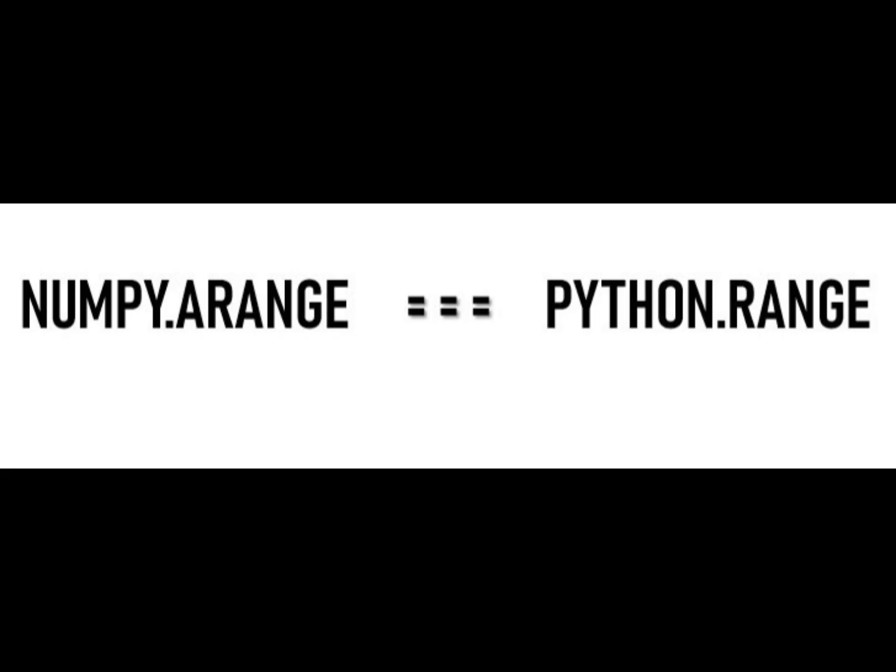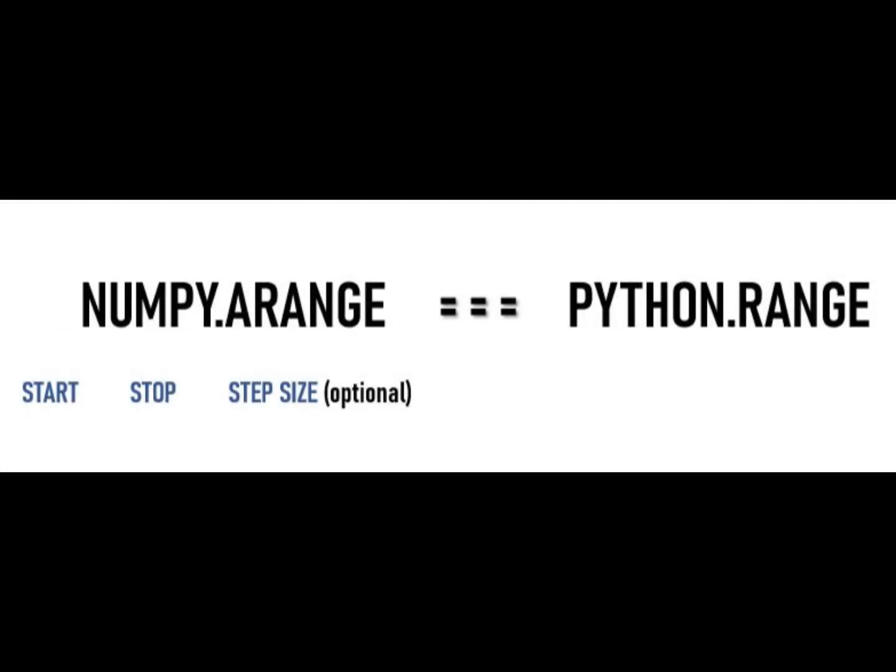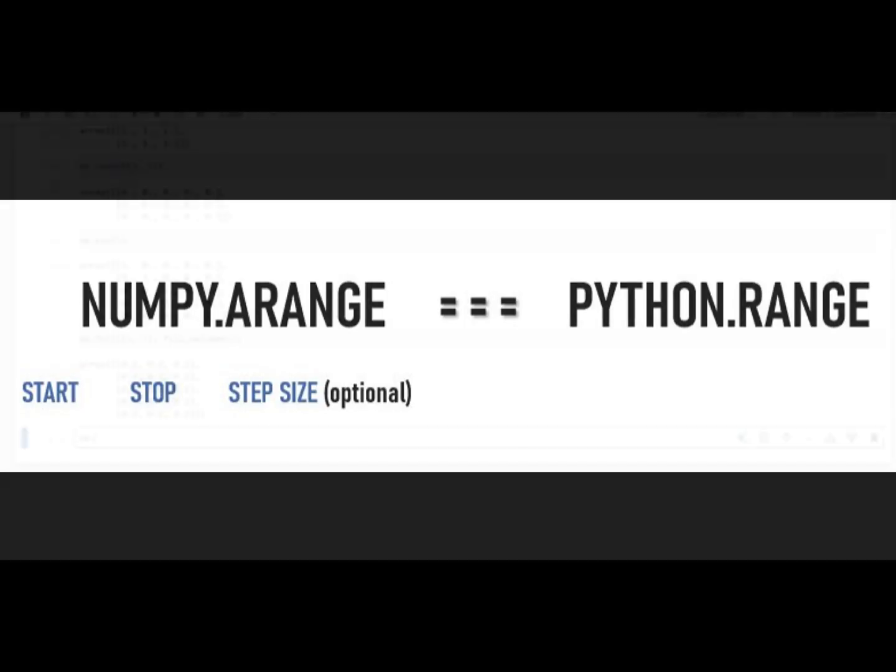This takes a start value, a stop value, and an optional step size, which by default is 1. You could also set the type of the output array using the dtype parameter. If you opt out of that, the data type is inferred from the other input arguments. The values generated include the start value but not the end value. This method is preferred for integer step size.